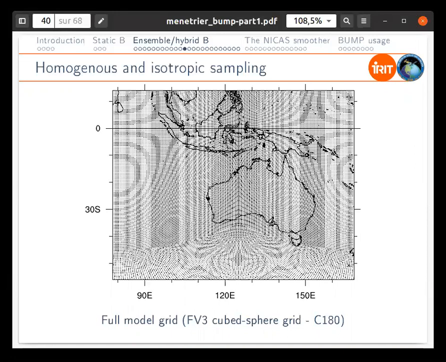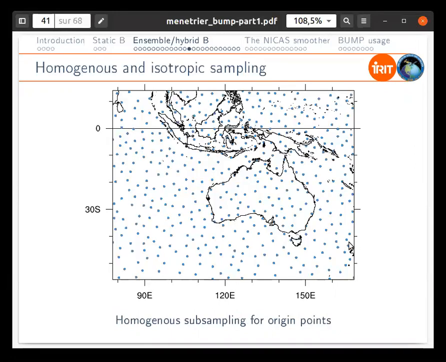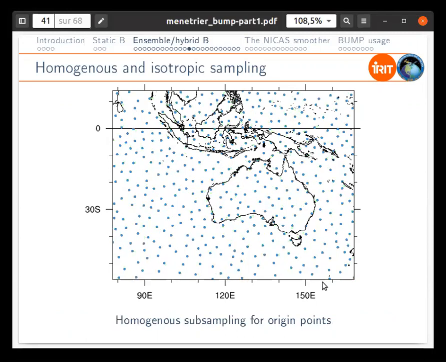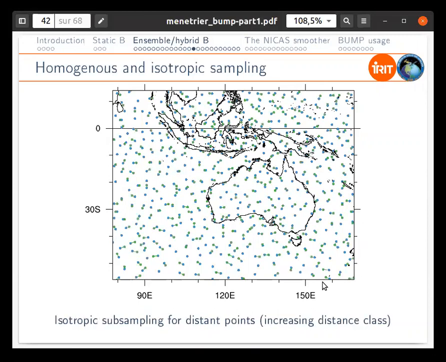So the first step will be to subsample the grid. The blue points are just the subsample of the full grid we had before. Then we will define some couples of points. For each blue point we had before, we define neighbors at a given distance, for instance, around 100 kilometers.